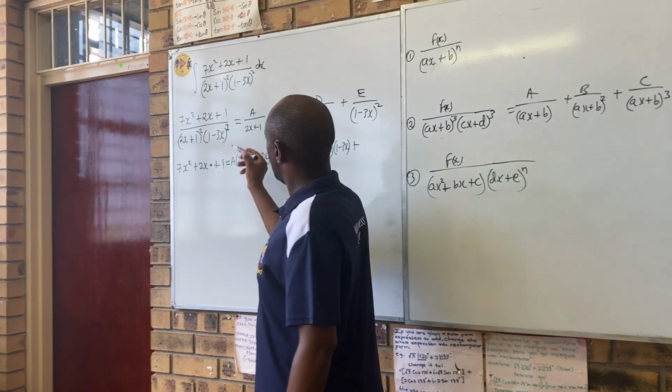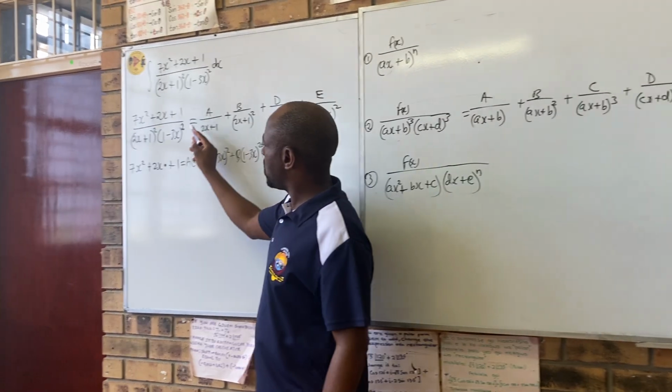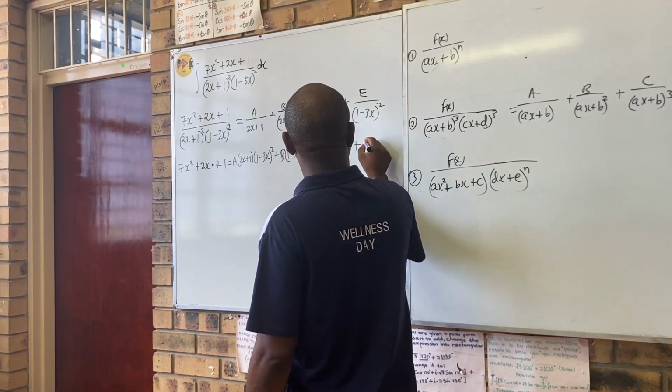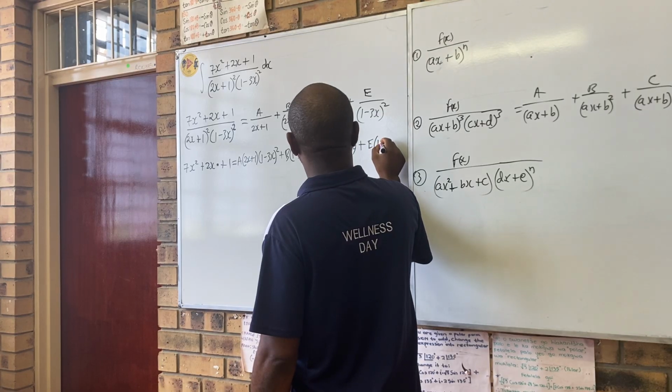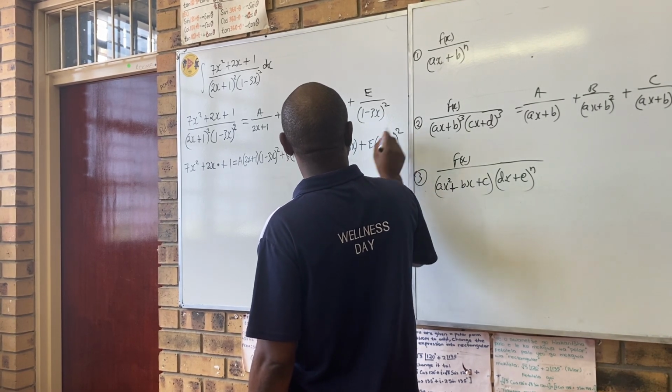Then plus, I divide by (1 minus 3x) all squared, which completely takes care of itself, so I'm left with E into (2x plus 1) all squared.